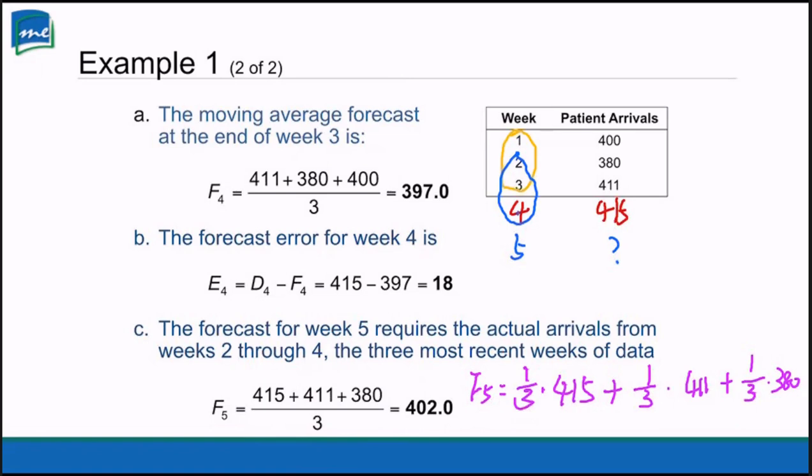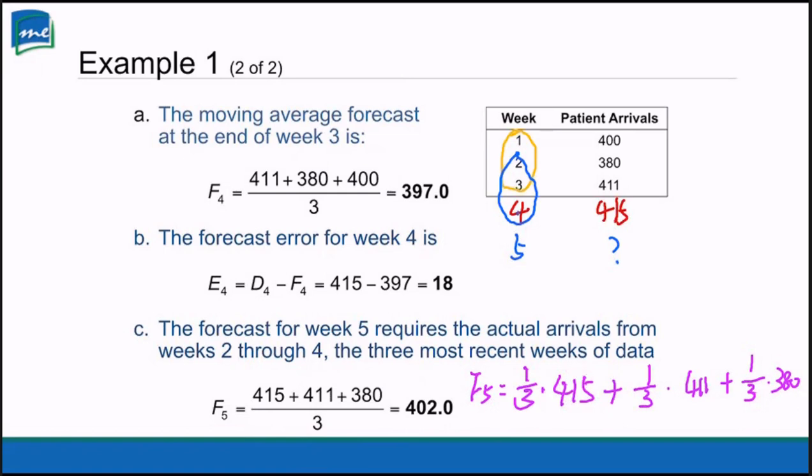So why do we call it a simple moving average? If we regard the 1/3 as the weights for each time period we considered, we will see that the weights for each period are the same, which means we don't involve any different weights for the different periods, even though week 4 is the most recent historical data for week 5.